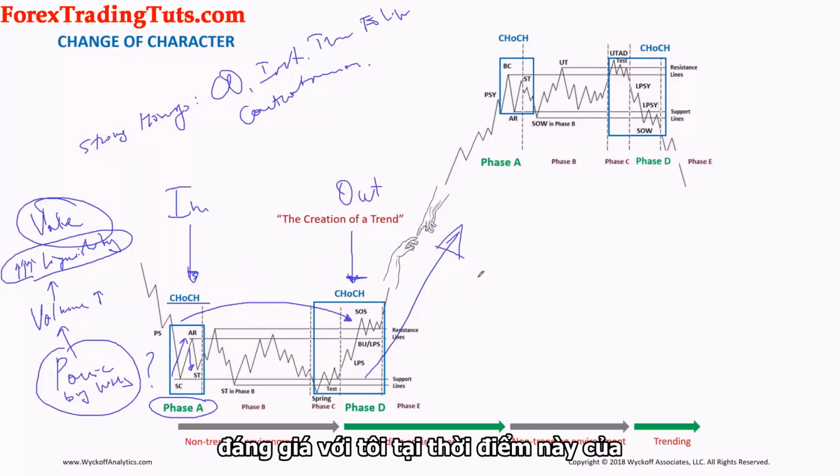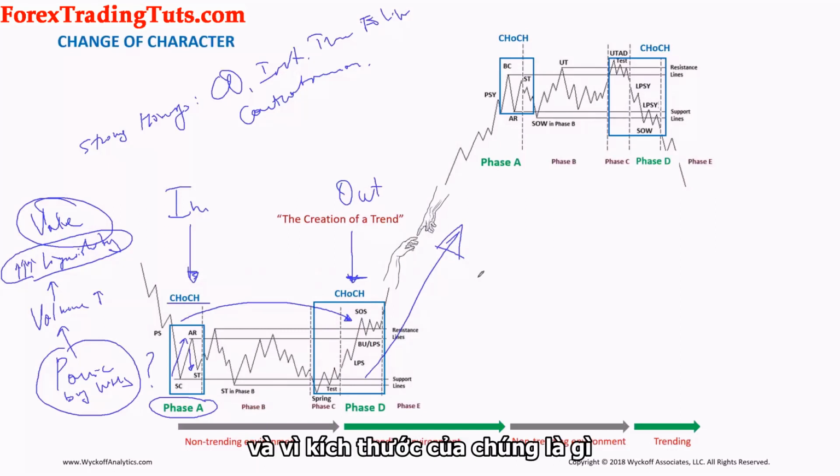Is it worth it to me at this point in time, at this price, to get into this position substantially, or at least start scaling into the position? If the price is attractive, if the stock, in their opinion, is undervalued, they're going to come in and establish this position, at least incrementally.